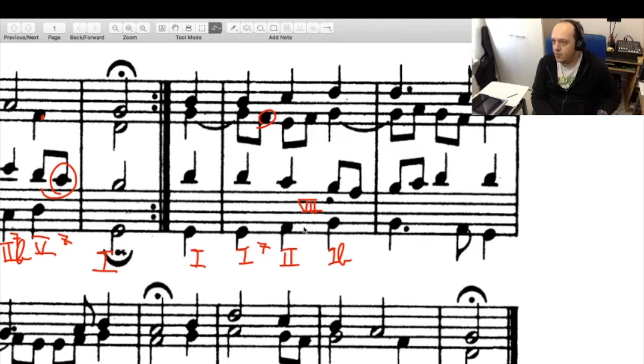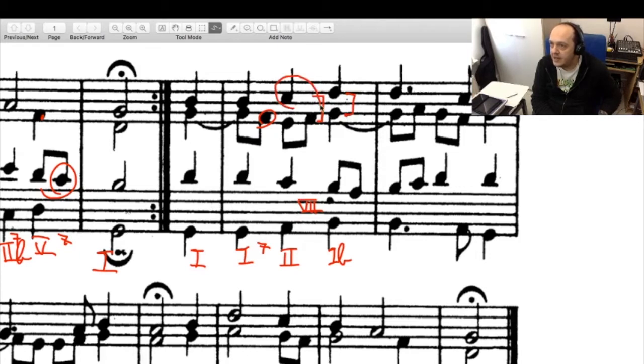Next, chord 1, B. Do I see anything strange? Hang on a second now. Oh well, okay, something to note. There's a fifth here, there's a fifth there.